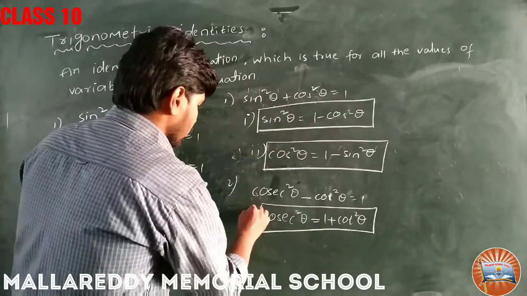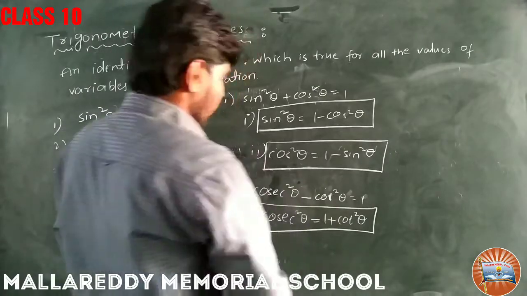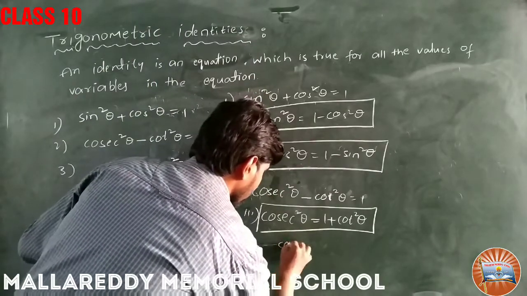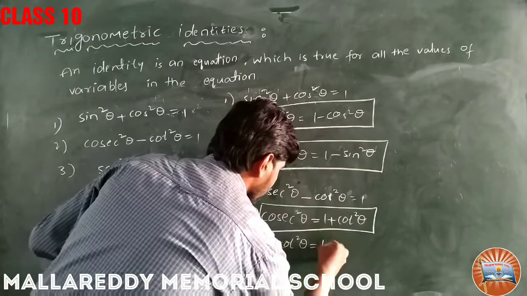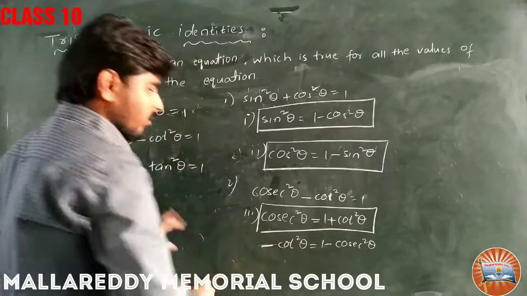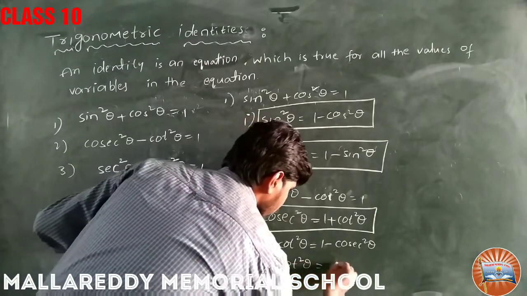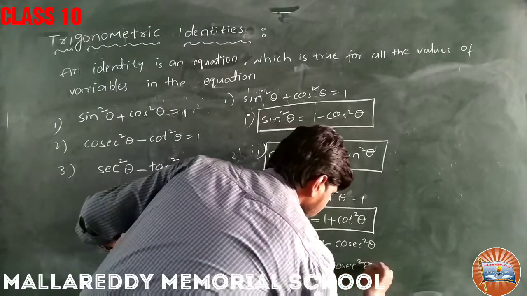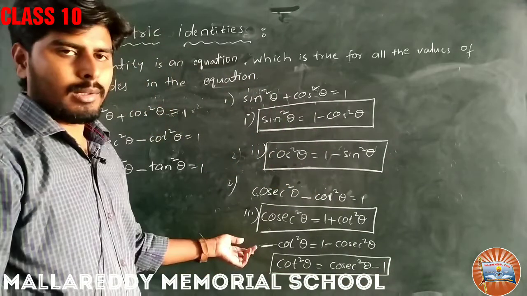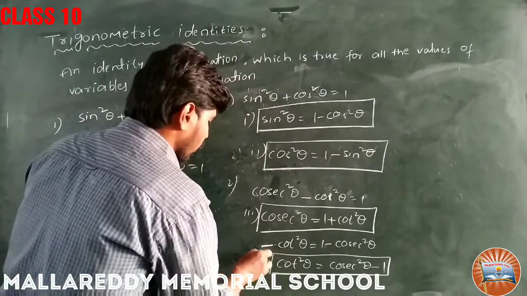And if you bring this cosec square theta to the RHS, minus cot square theta equals 1 minus cosec square theta, and multiplying both sides by minus, that becomes cot square theta equals cosec square theta minus 1. Here I multiplied by minus on both sides. This is one more formula.